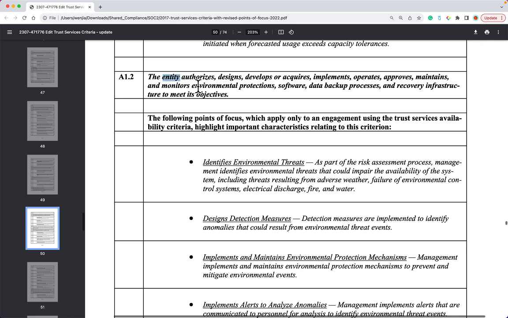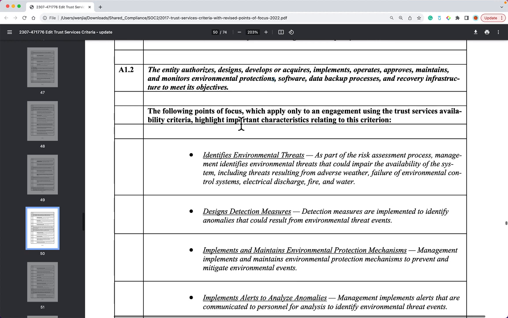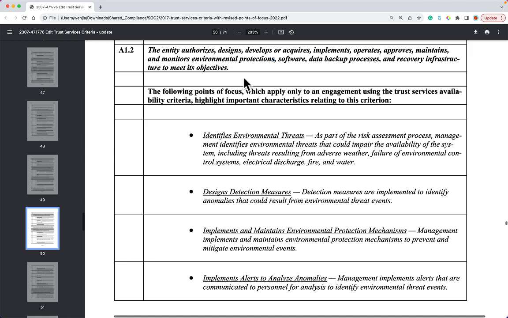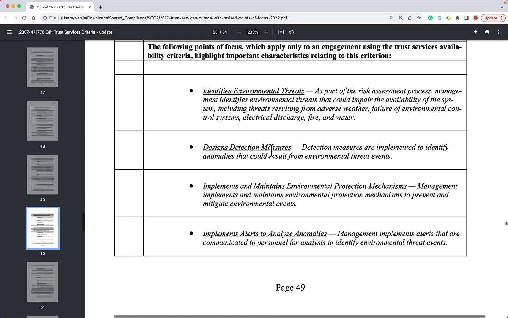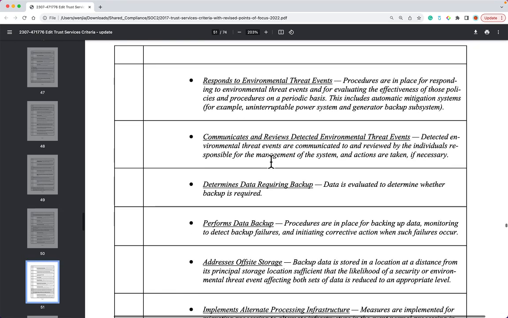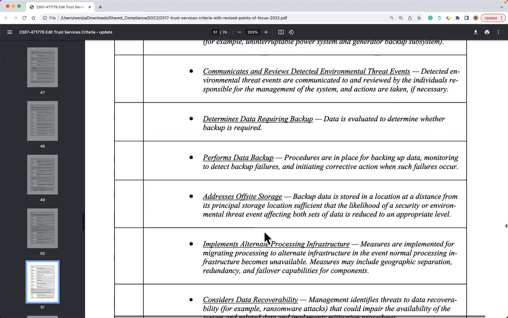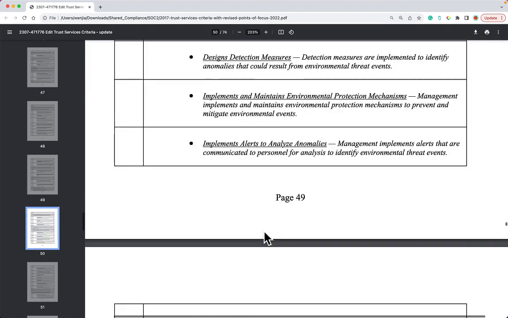So this principle is saying what you need to do to build a protecting system for your availability. So how should we achieve this principle? There are 1, 2, 3, 4, 5 ... 10, 11 points of focus.